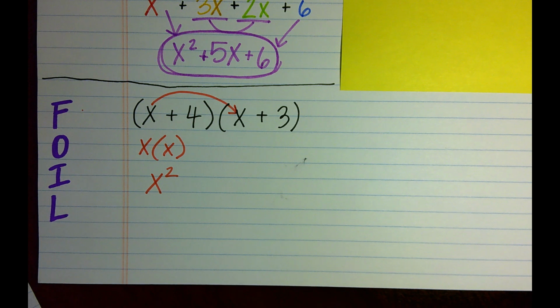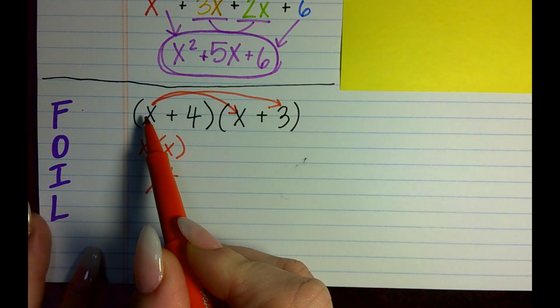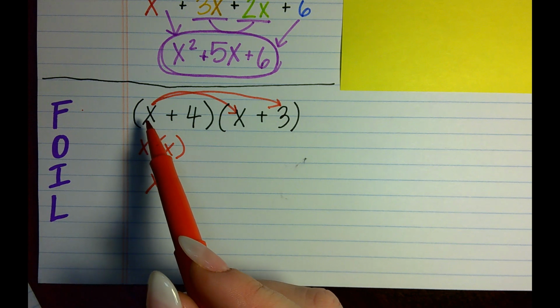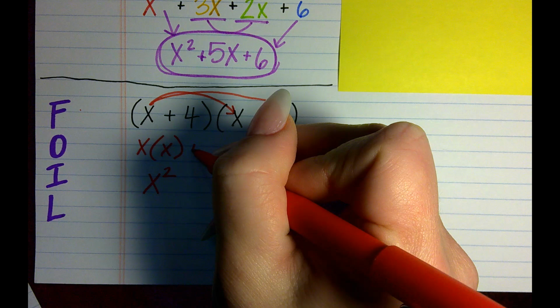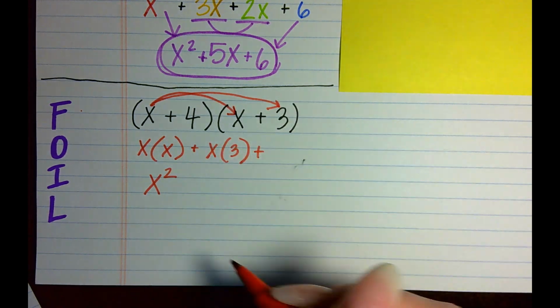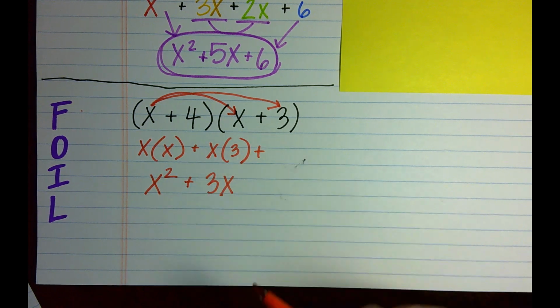Beautiful. So there's our first term. Now let's do our outer terms. We're just finishing the distribution of the x here. So I'm doing x times what? 3. So x times 3 gives us what? 3x. Good.